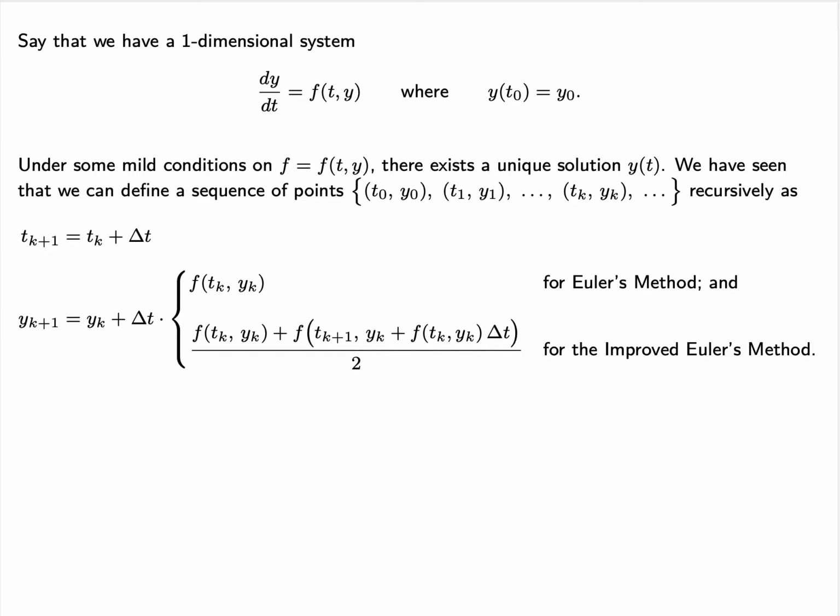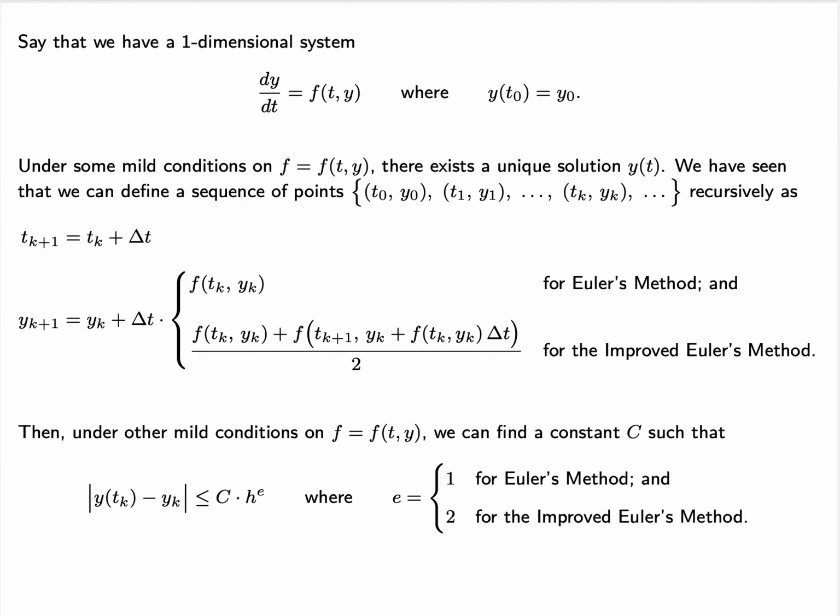The time satisfies t sub k plus 1 equals t_k plus a step size delta t. But the value y sub k plus 1 equals y sub k plus delta t times one of two possible slopes. Either it's f of t_k, y_k if we're dealing with Euler's method, or it's the average of f of t_k, y_k and f of t_k plus h, y_k plus f of t_k times delta t for the improved Euler's method.